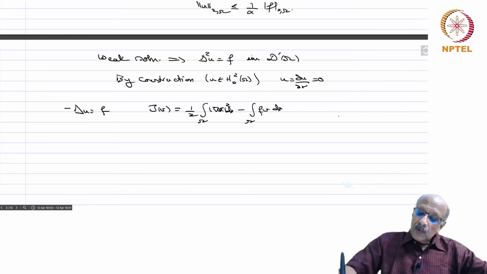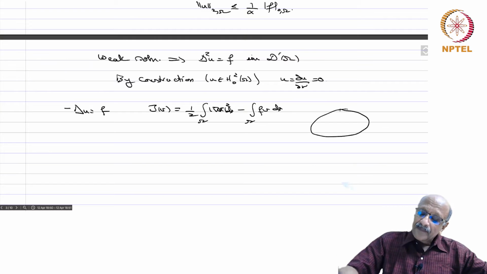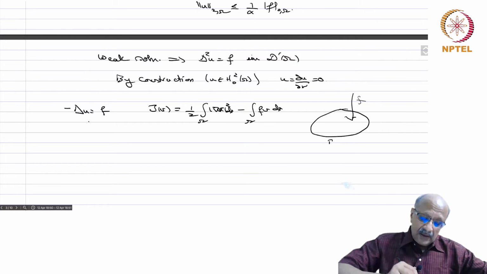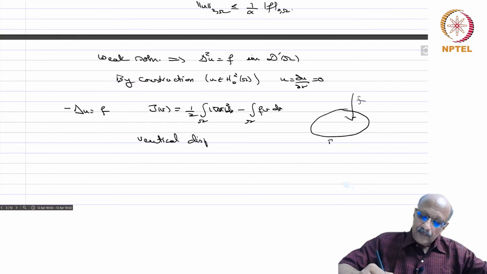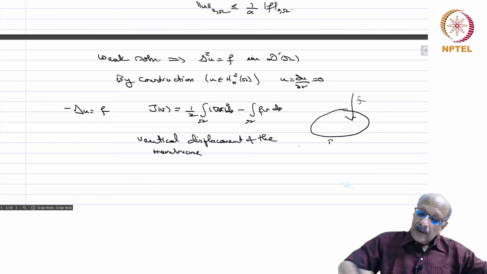So you think of omega as a membrane which is stretched over the thing, and it is fixed to the boundary gamma, and it is acted upon by a vertical force whose density is given by f, and then u gives you the vertical displacement of the membrane. I am talking of R2.